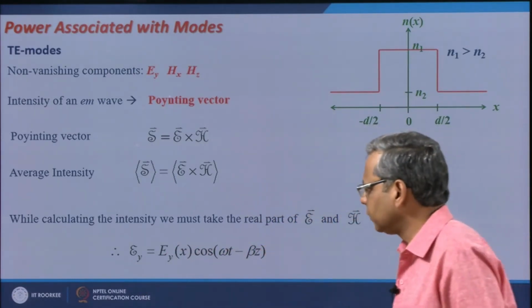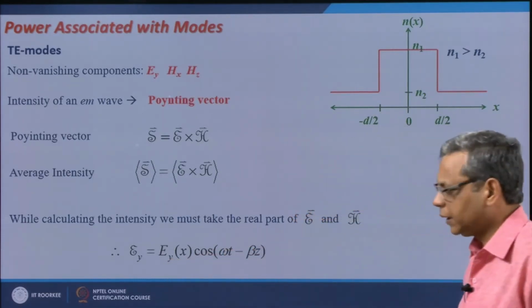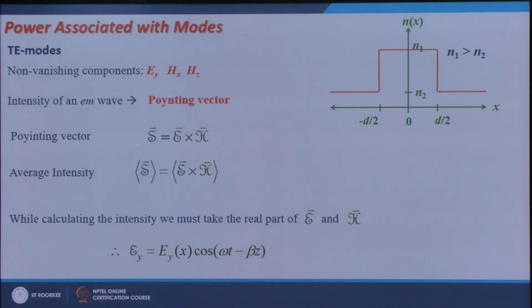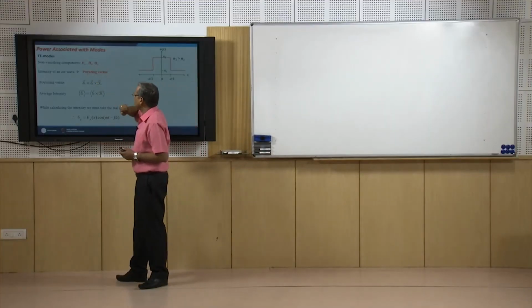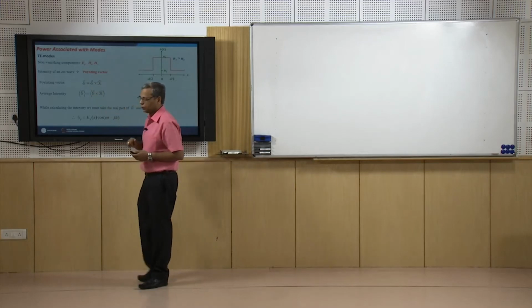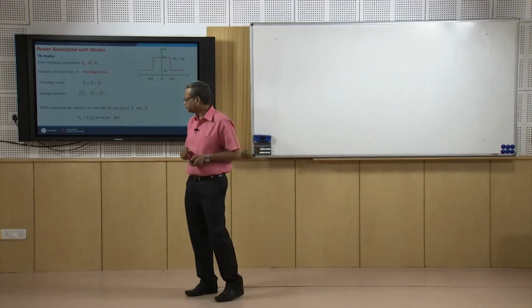So, its real part would be Ey of x cosine omega t minus beta z. So, I have Ey, what is left is Hx and Hz, so that I can find out the Poynting vector and therefore the intensity.